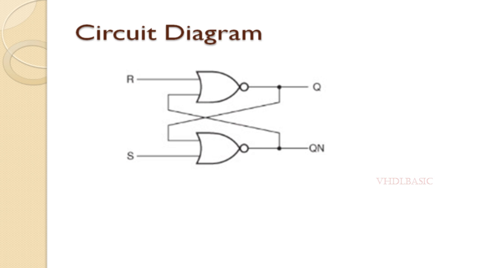When the set input is returned to 0, the output remains the same because output Q remains 1, leaving one input of gate 2 at 1. That causes output Q bar to stay at 0, which leaves both inputs of gate 1 at 0 so that output Q is 1.